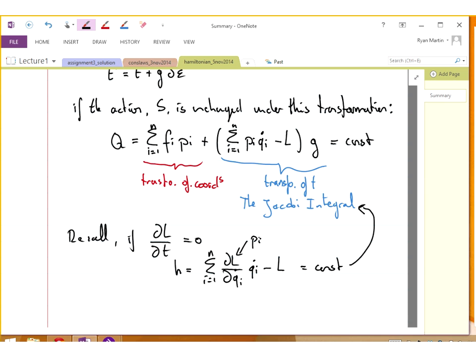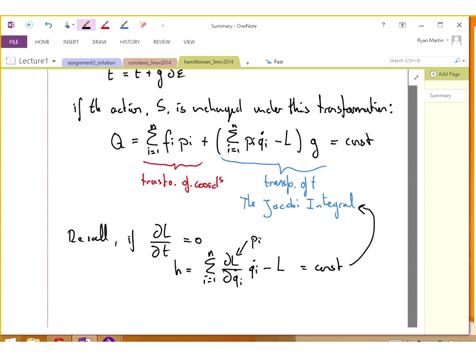We're going to finish up this chapter by looking at a few common transformations that leave the Lagrangian, or the action, unchanged, and then we'll see what conservation laws they lead to. What we saw at the end of the last lecture was that you can consider whether the transformation changes the action or the Lagrangian.